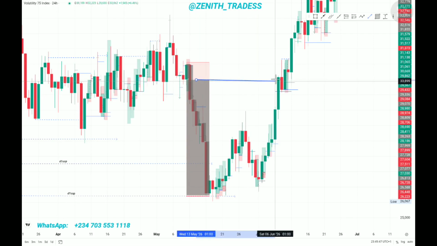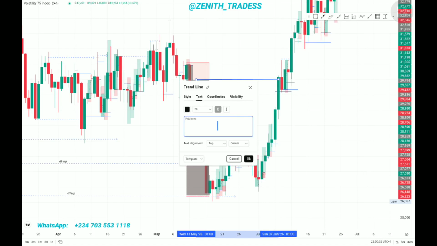Okay, this is the opening price of the weekly candle. Let's name it the weekly candle, so that when we get to the lower time frame, be patient with me, I'm heading somewhere. You really need to understand this.